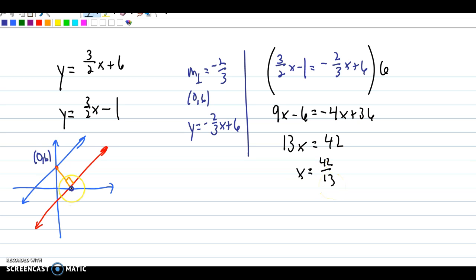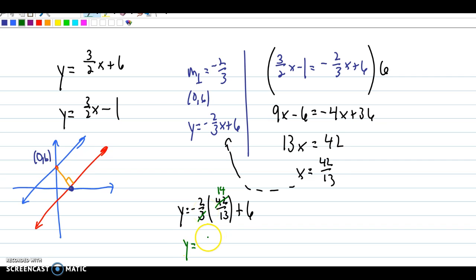That's the x value of this point. To find the y value, we're going to plug it into either the orange equation or the red equation. It doesn't really matter which one. I'll just choose to plug it into this one. So y equals -2/3 times 42/13 plus 6. And the problem probably isn't going to get much uglier than this. As I'm looking at this, I see that I can simplify, divide that by 3, divide that by 3 to simplify it a little bit.